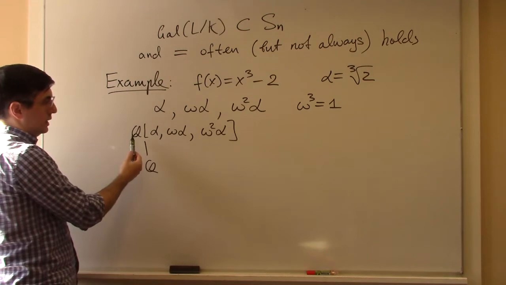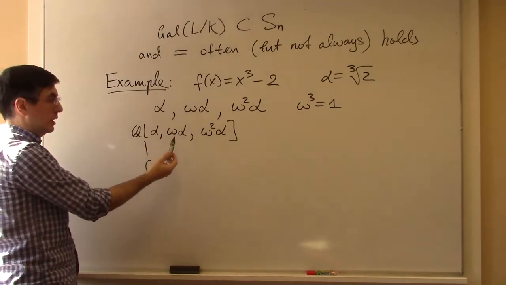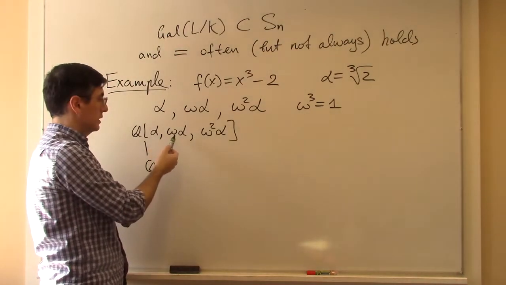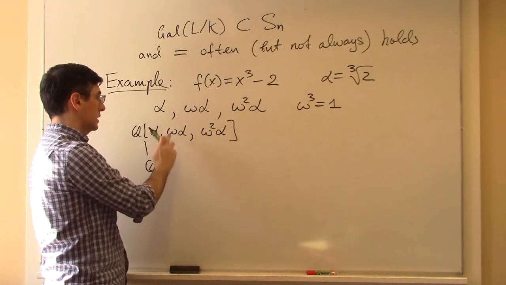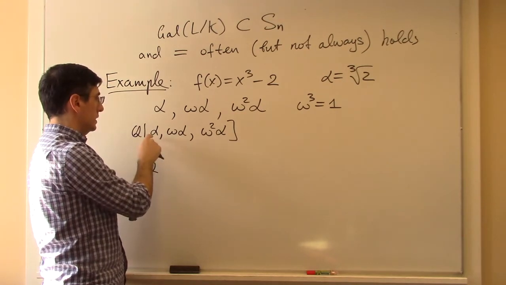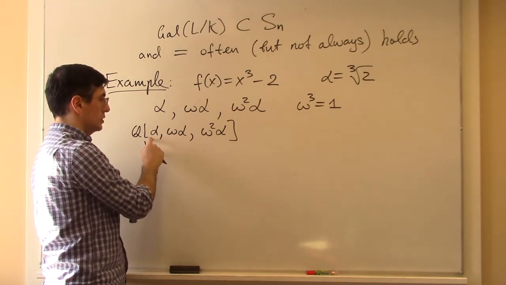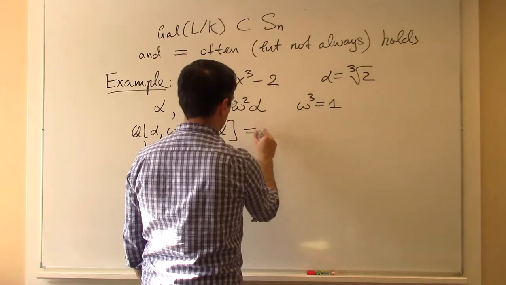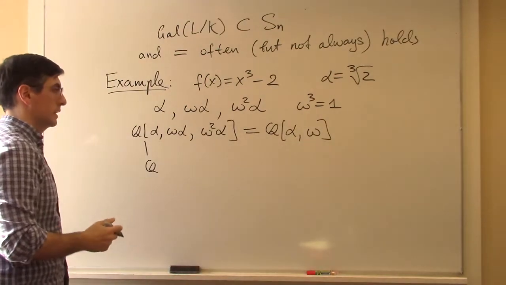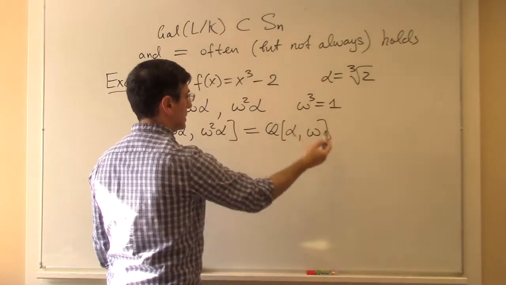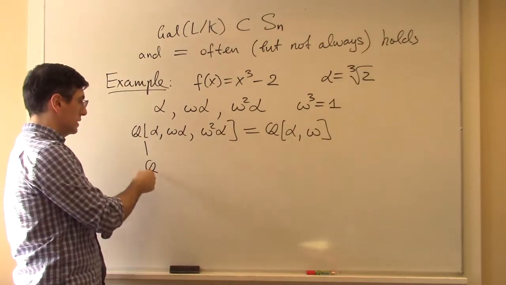Now you can easily see that if I take these 2 elements, alpha and omega alpha, I can divide this one by alpha, and then omega will be in this field. So this field contains omega. But if your field contains alpha and omega, then it also contains these 3 elements. So in fact, this field is the same as Q(alpha, omega). So we will concentrate on understanding what the automorphisms of this field over Q are, which fix all the elements of Q.